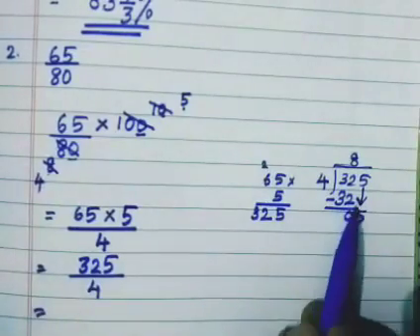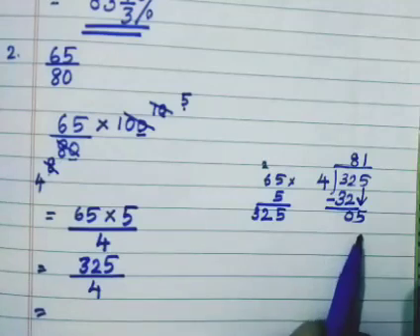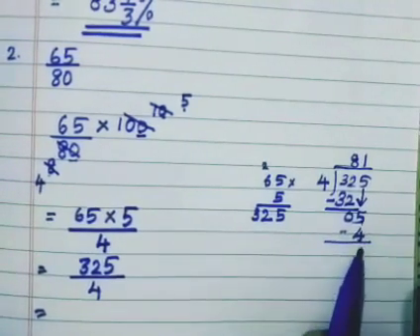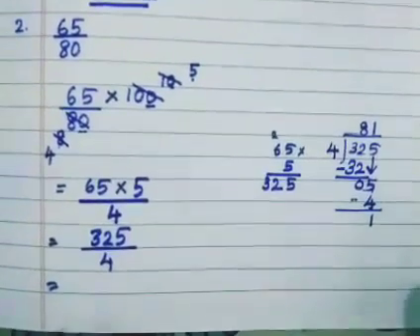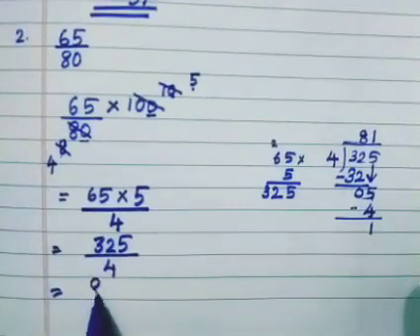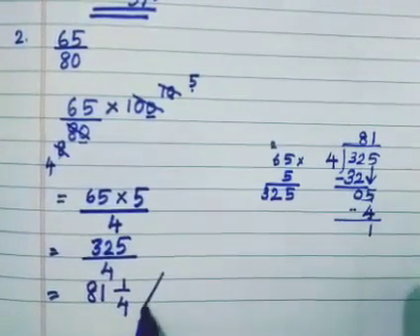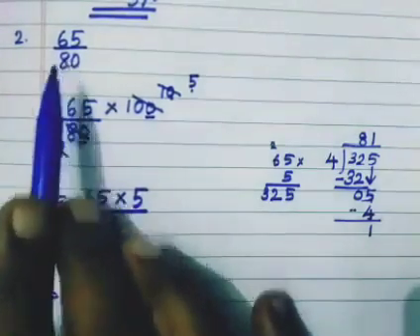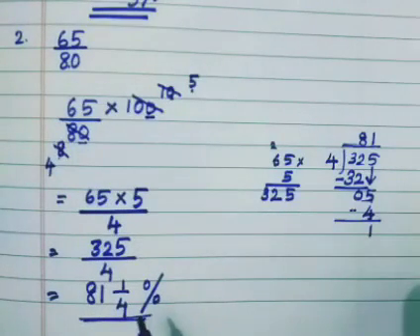Then how many times 4 goes in 5? 4 goes 1 time in 5. So you can write here 4, then 5 minus 4 is 1. So if you want to write this answer in mixed form, you can write it as 81 and 1 by 4. Then put the percentage sign. Now this given fraction is converted to a percentage, 81 and 1 by 4 percent.